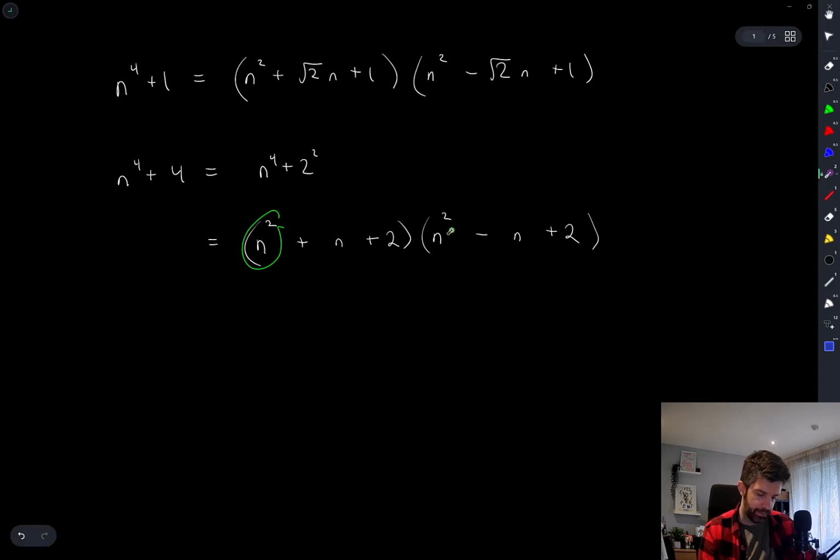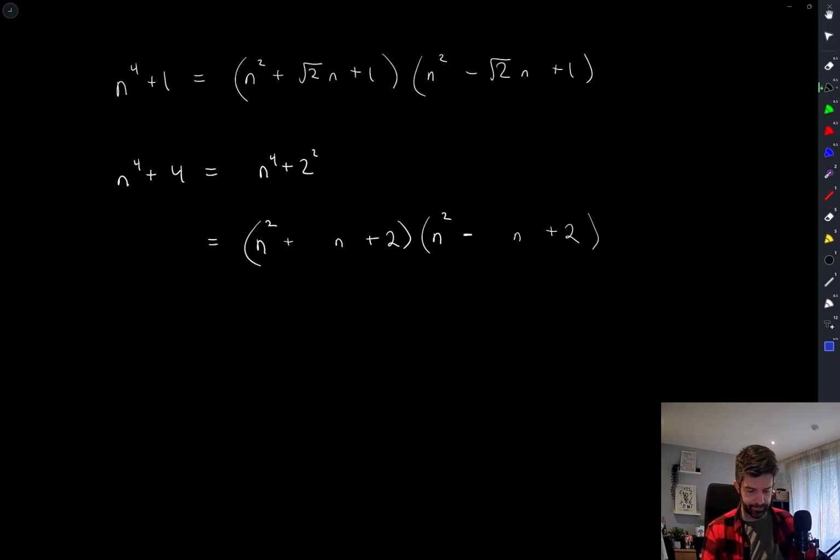So I have n to the 4, I have n cubed times, I'm going to put a constant in front of both of these. It's a question of what I want to put there. Is it 2 root 2 I should put?